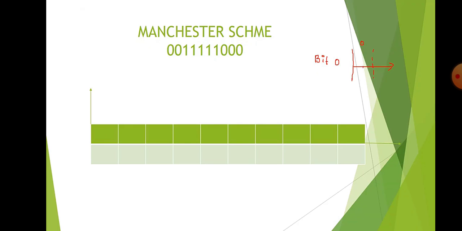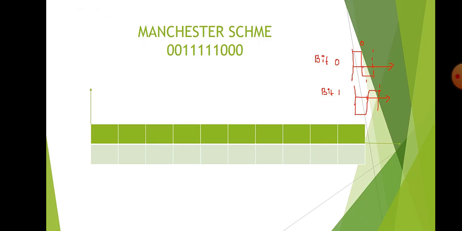I have to take the transition at the center of each bit. Bit 0 can be considered like this, and if it is bit 1, there is a transition at the center, so bit 1 can be represented like this.